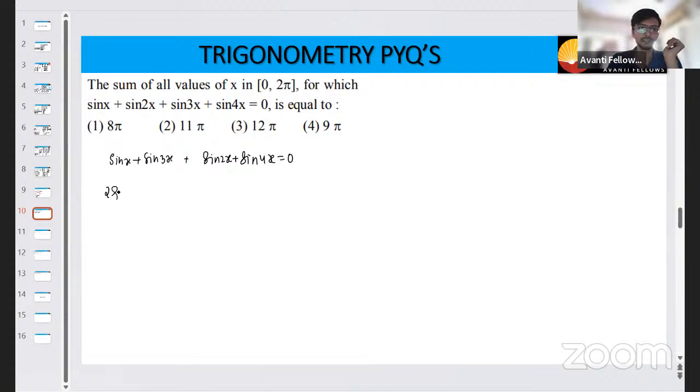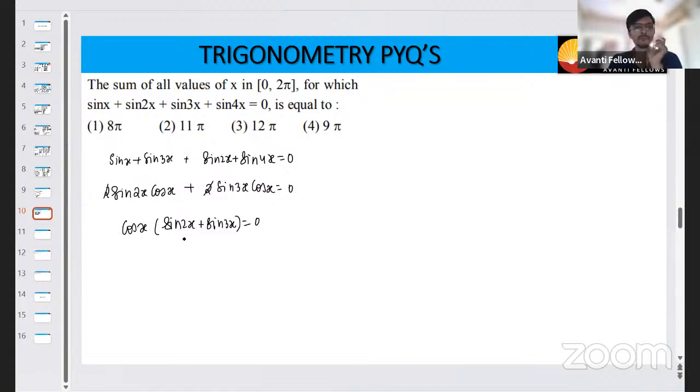Sin plus sin is 2 sin into cos, same 2 sin into cos equals to 0. We can cancel out 2. We can take cos x common and I'll get sin 2x plus sin 3x equals to 0.